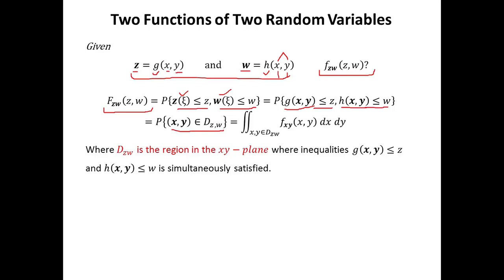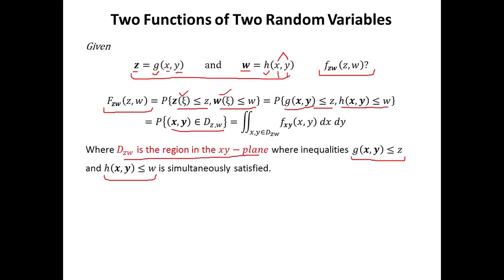Now D_zw is a region in the xy plane, just remember the xy plane, not the zw plane, where the inequalities g(x,y) ≤ z and h(x,y) ≤ w are satisfied simultaneously.